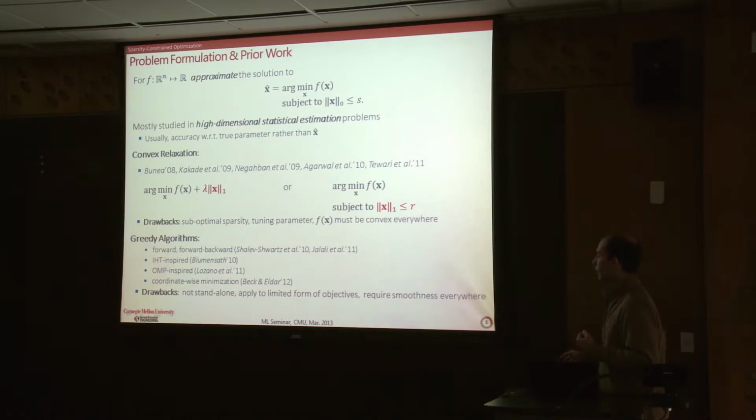And there are also some of them that apply to only a limited type of function. For example, this one, as I said, requires a certain type of objective function. For example, it cannot be applied to logistic regression type of objective functions, the logistic loss. And some of them require smoothness of the objective function over the entire space.